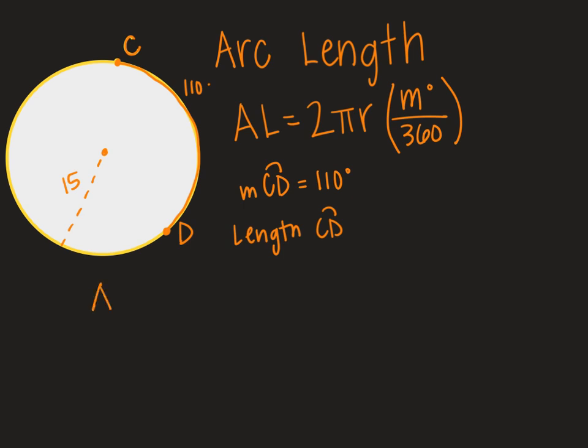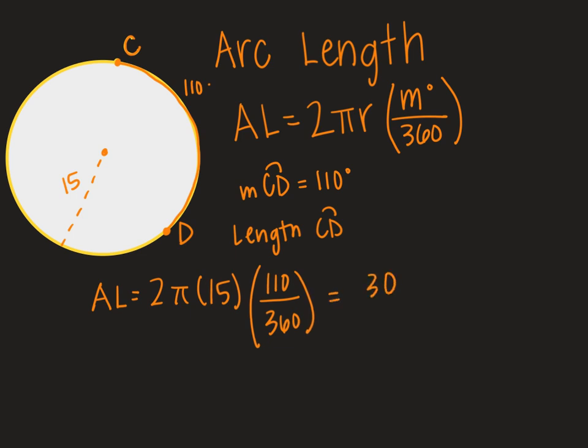So I plug in 2 times pi, my radius is 15, times the measure of my angle, which is 110, over 360. Now I can clean a few things up. 2 times 15 I know is 30 pi, then multiplied by 110 over 360.